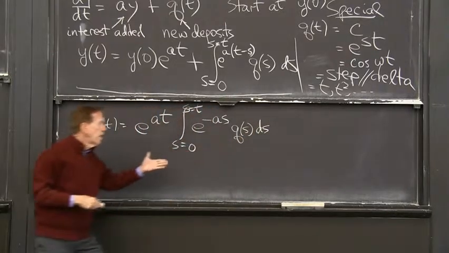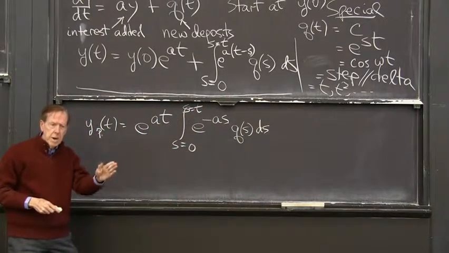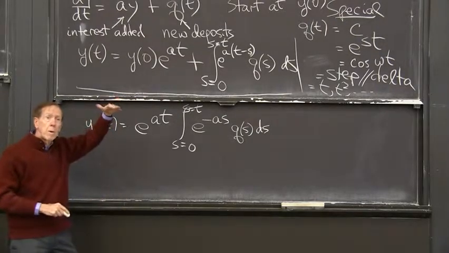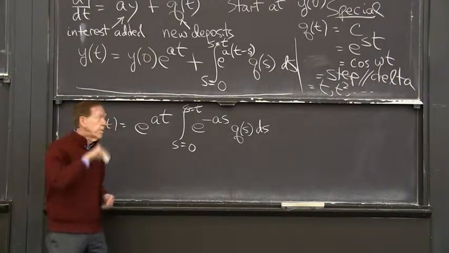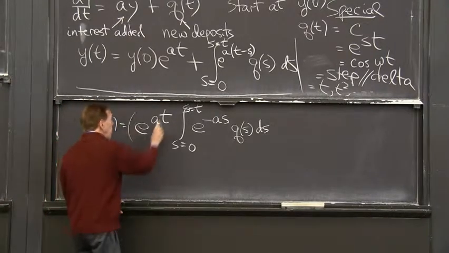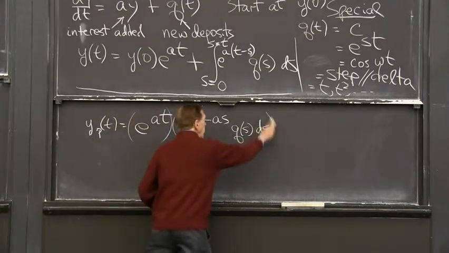This is all the stuff that depends on what time the deposit was made, time s, and what time we're looking at the balance, the later time t. Okay, this is a product of one term times another term.